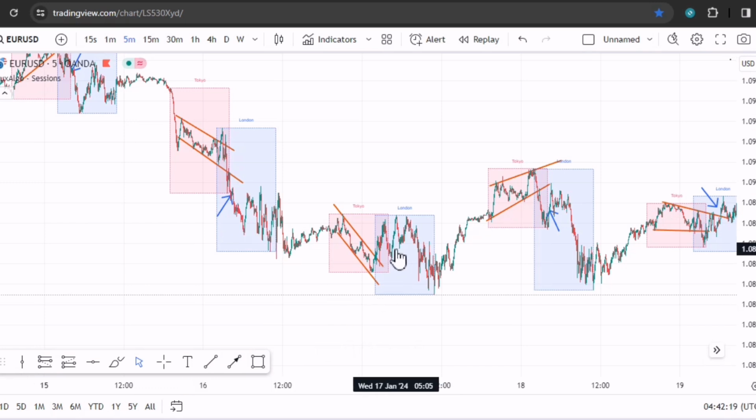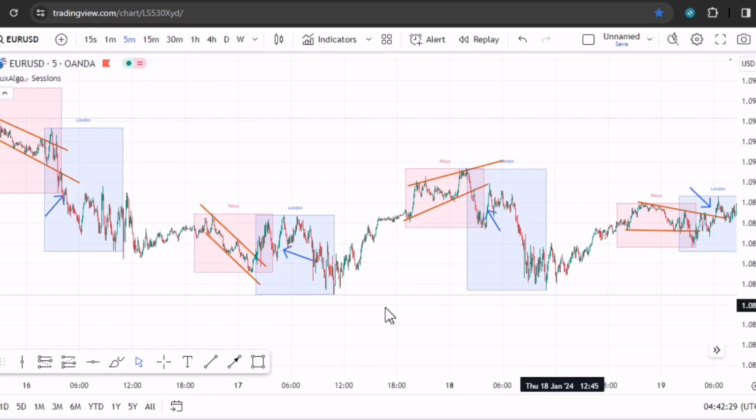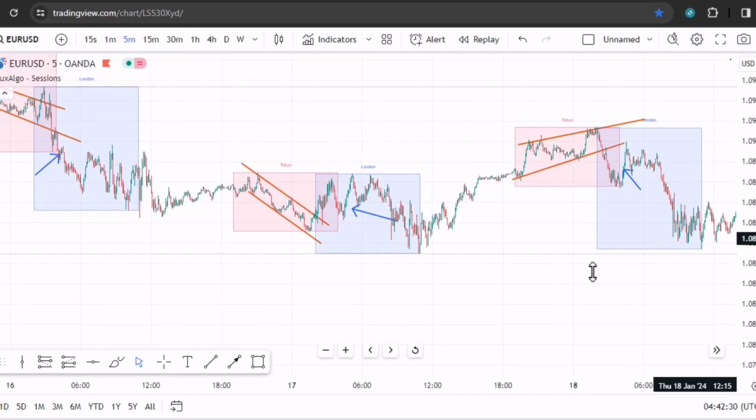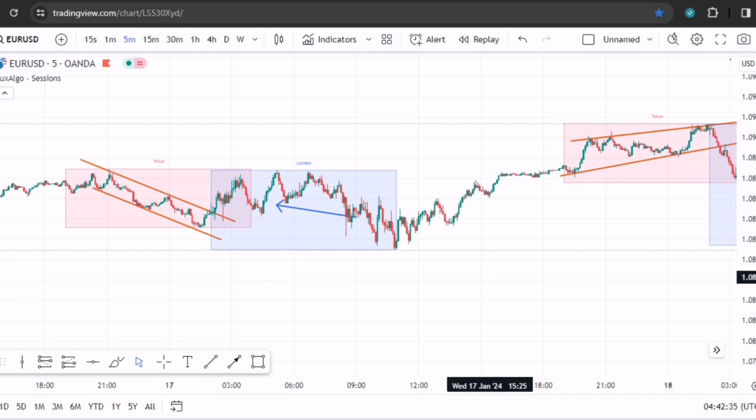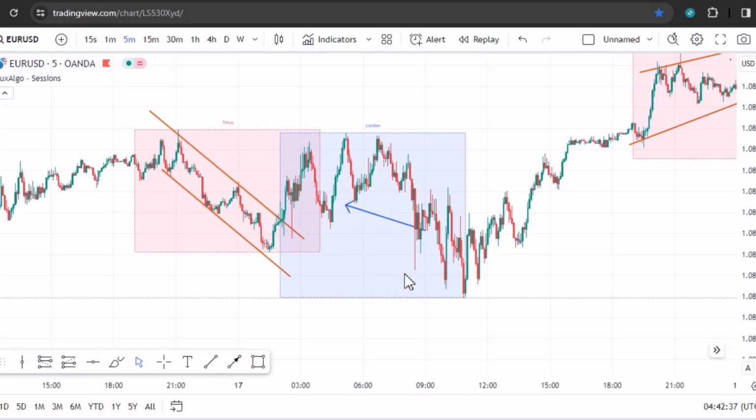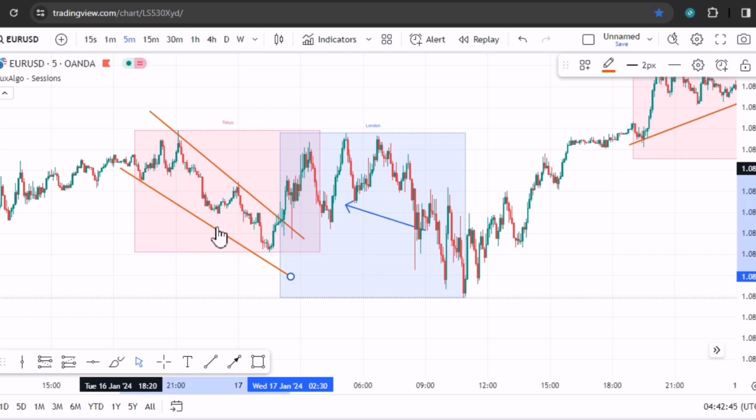What happened here? I'm sure you would have had your buy trade somewhere there. Just zoom in. Price is above these two trend lines that I have drawn. Remember, you don't have to be perfect.